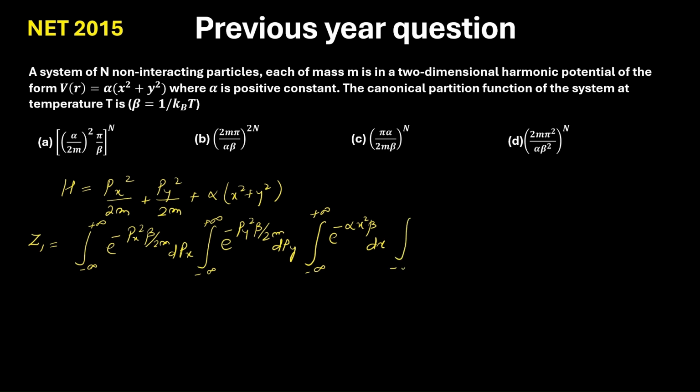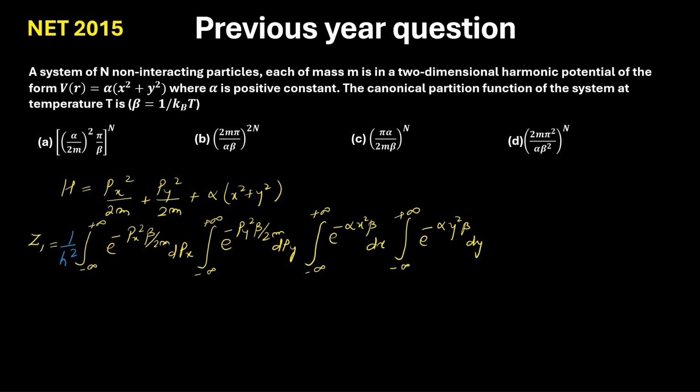Then the integration from minus infinity to plus infinity e to the power minus alpha y squared beta dy. Now generally we put a factor 1 by h here. Since it is 2 dimensions, it will be h squared.